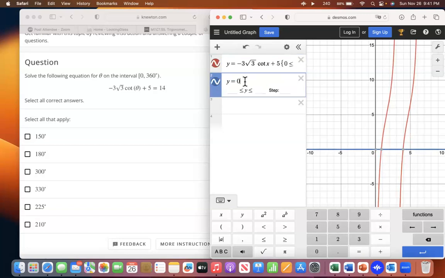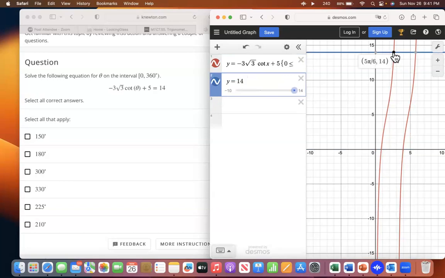Remember, you're getting the answers here very fast. You've done a lot of assignments in a short amount of time. 5 pi over 6. Oh, wait, this one's in degrees. So here's how you convert.